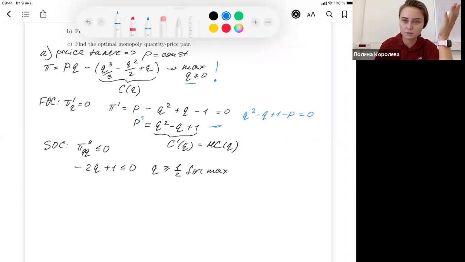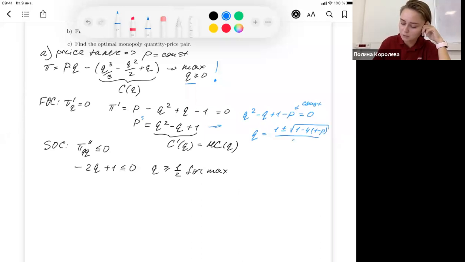It is a quadratic equation. Our price is constant, so look at it like a constant. We solve the quadratic equation. Q will be equal to, you remember, minus b plus or minus the square root of the discriminant over 2a. So minus b is 1, plus or minus the square root of b squared, 1, minus 4 multiplied by 1 minus p.